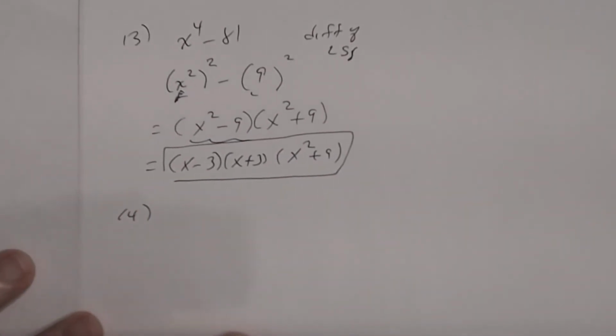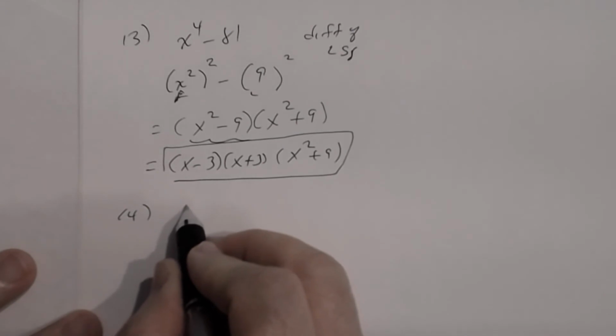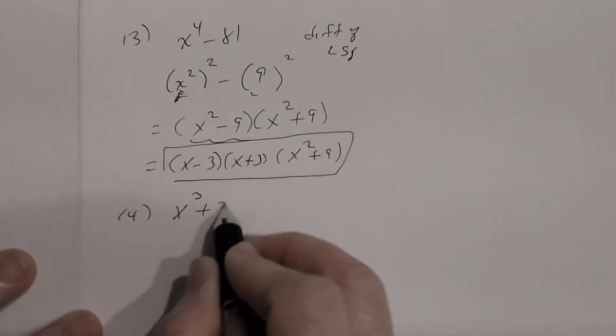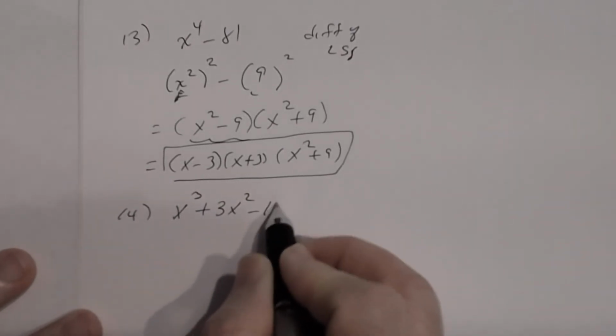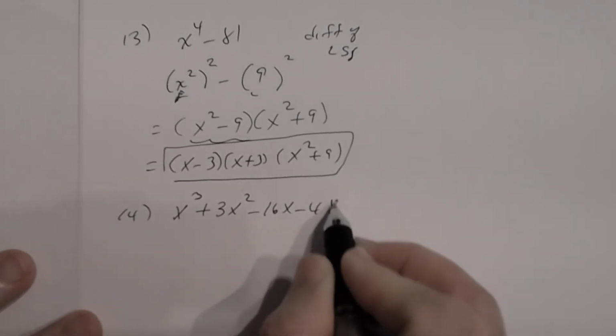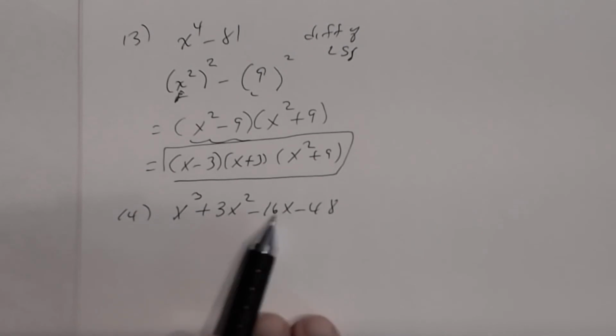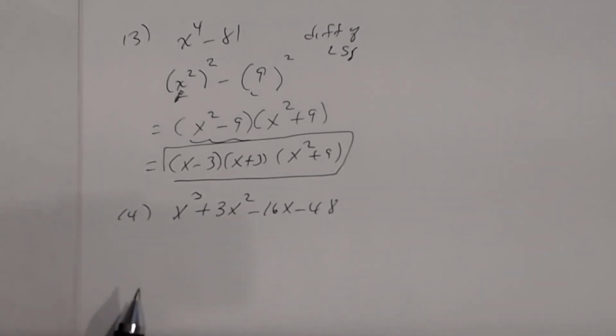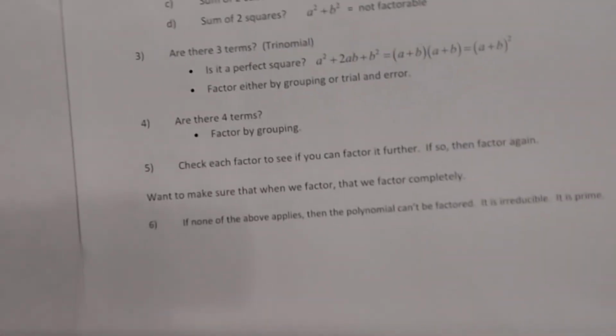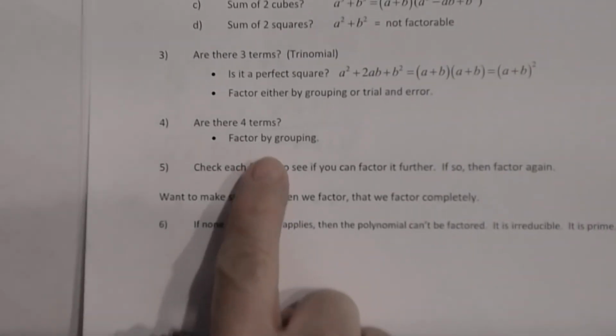So in 14, we have x cubed plus 3x squared minus 16x minus 48. All right. So the GCF of the polynomial is 1, but how many terms do you have? You have 4 terms. And so when you have 4 terms, remember you want to see if you can factor this by grouping.